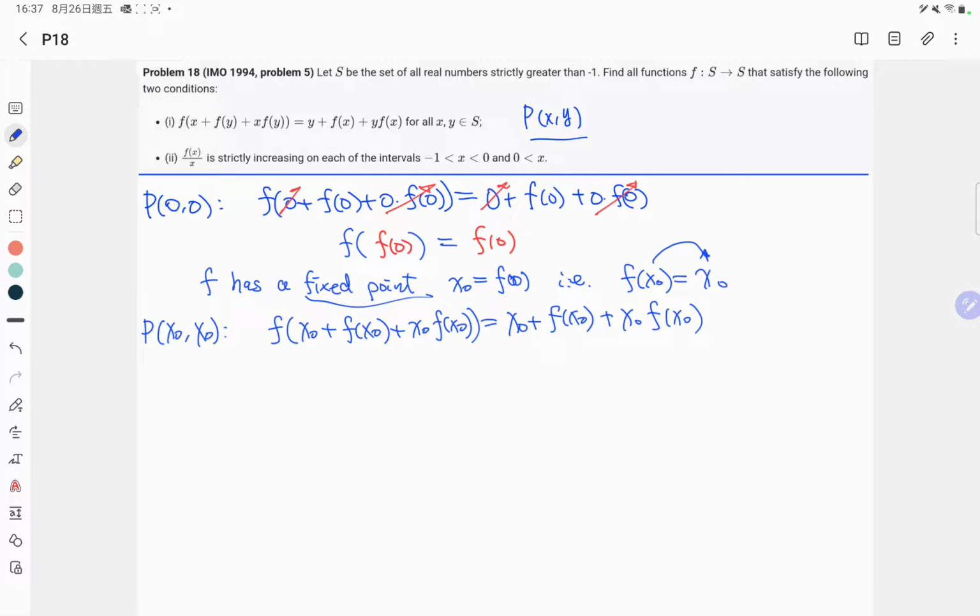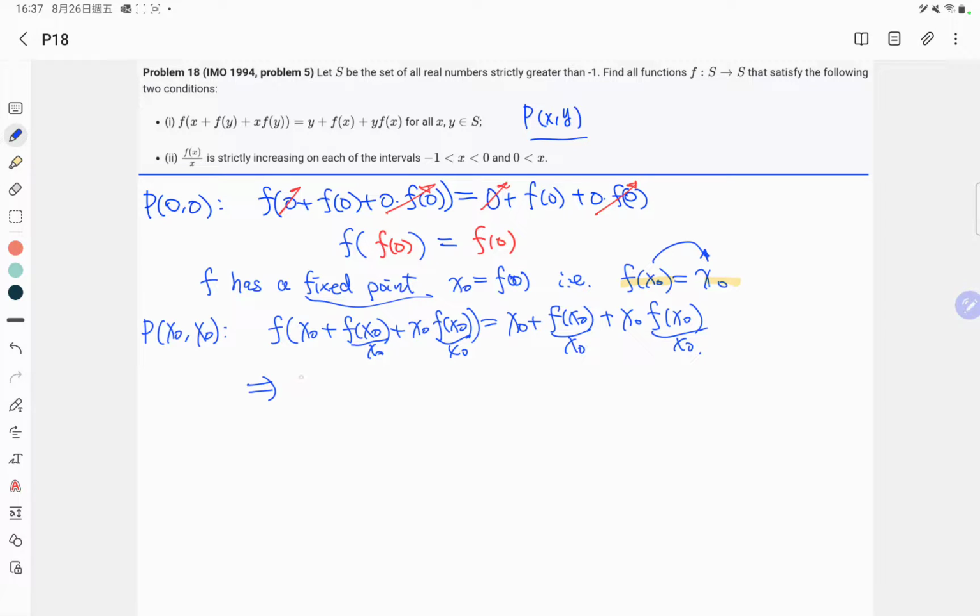There are many x_0, but fortunately f of x_0 is x_0, so we can change each of these to x_0.